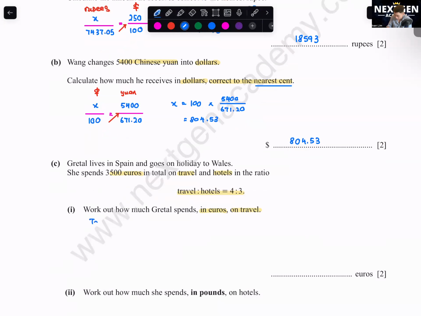I will calculate total parts first: 4 plus 3, which is 7. They want travel, which is 3,500 times 4/7. Calculate this, you get 2,000 euros.